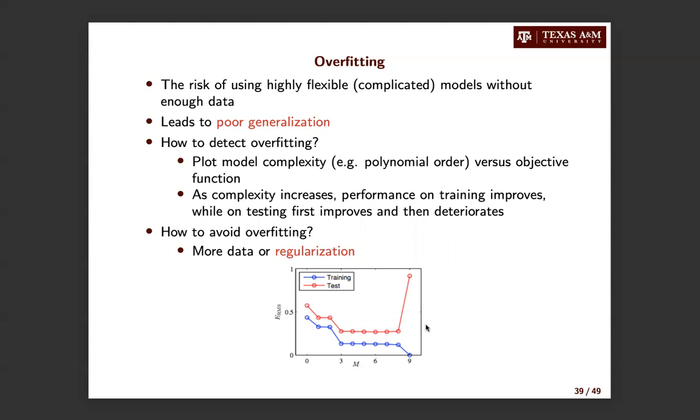Therefore, this leads to poor generalization. This plot is an example of how we can detect overfitting experimentally in our data.